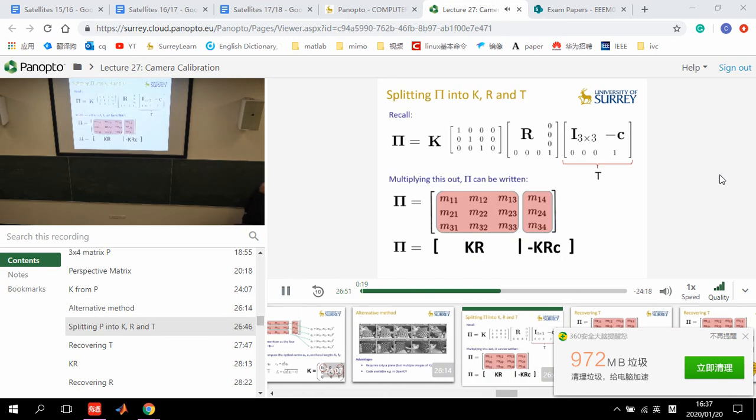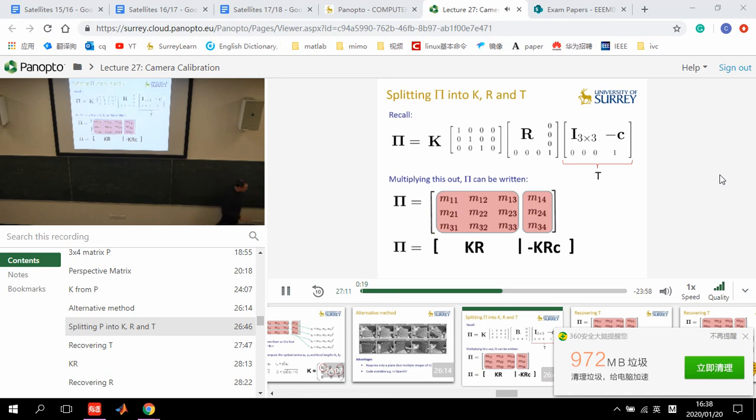If you recall the format of our camera projection matrix, which is there on the top, we've seen it multiple times now. We've seen how we can recover our K directly from that pi that we've estimated via this approach.